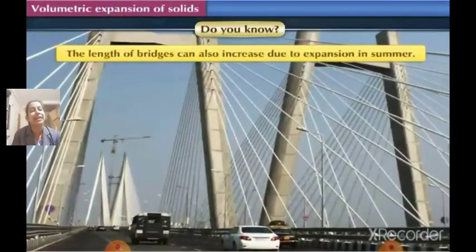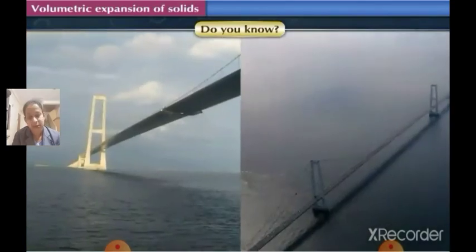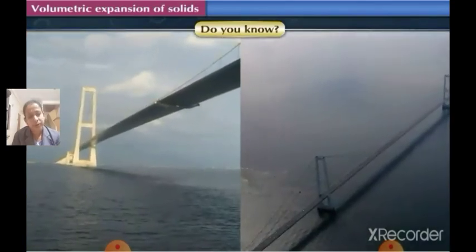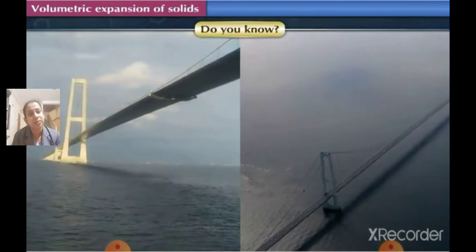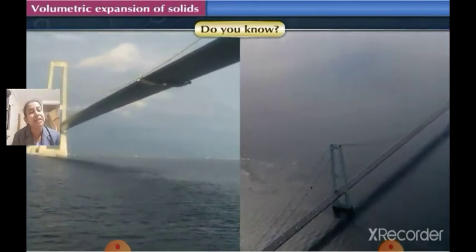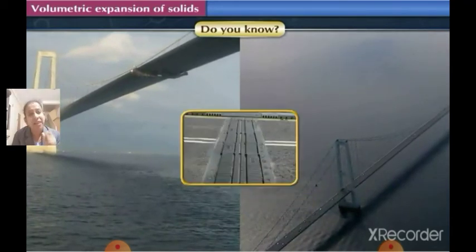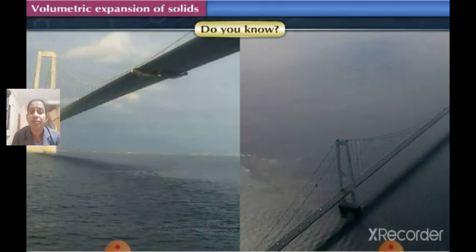Even the length of bridges can increase due to expansion in summer, just like that of the rails. The 18-kilometer long Great Belt Bridge in Denmark increases by around 4.7 meters in summer. Can you imagine? Therefore a provision is made in the construction of bridges to accommodate this expansion.